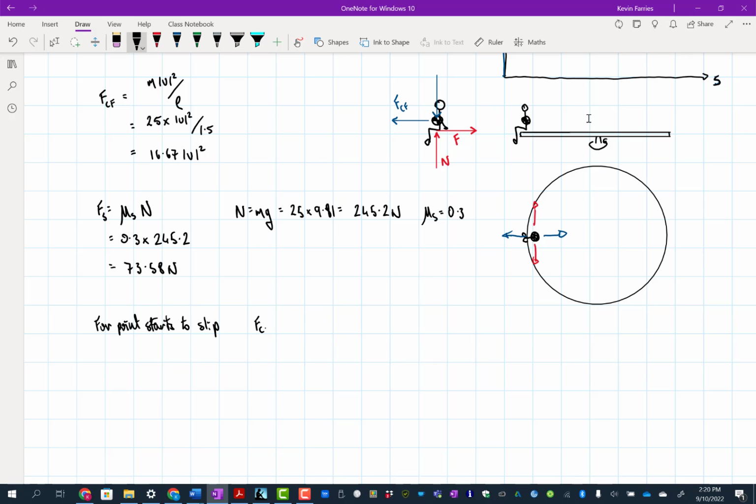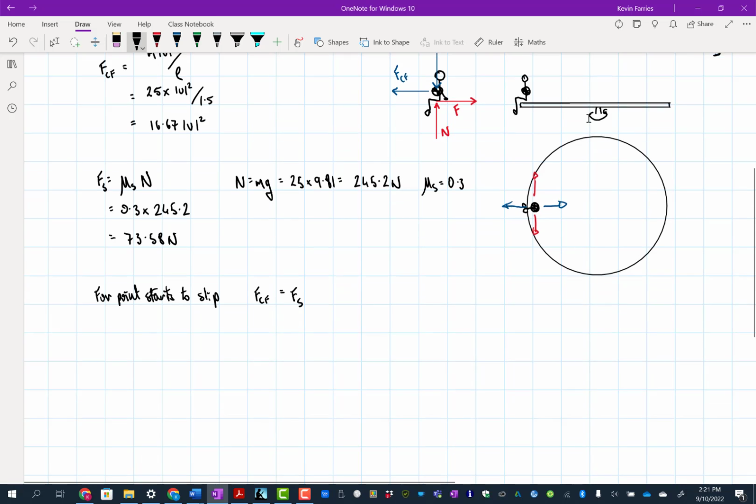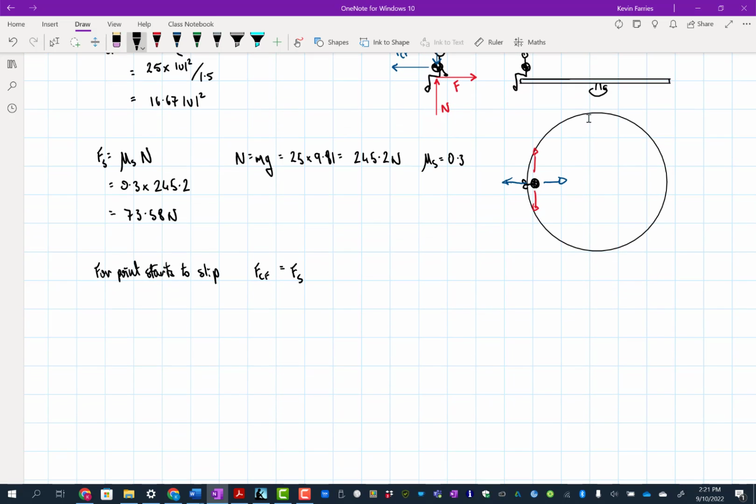Then the centrifugal force is equal to the maximum friction, which is the static friction. So we're going to have 16.67 times speed squared equal to 73.58.